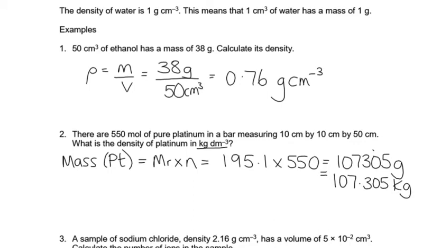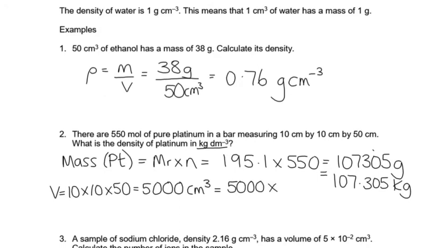And then it wants the density in kilograms per decimetre cubed, but we've got the measurements of the bar in centimetres, so we could work out our volume. It's 10 by 10 by 50. So that is 5,000 centimetres cubed. So then we could use our conversions to work out what that is in decimetres, which would be 5 decimetres cubed.